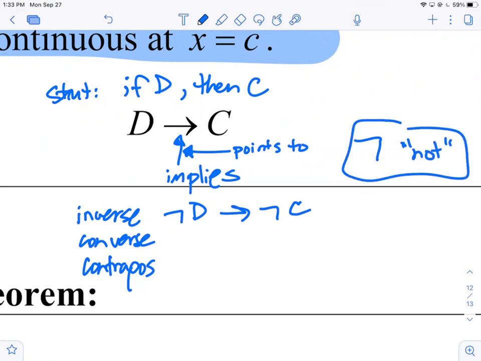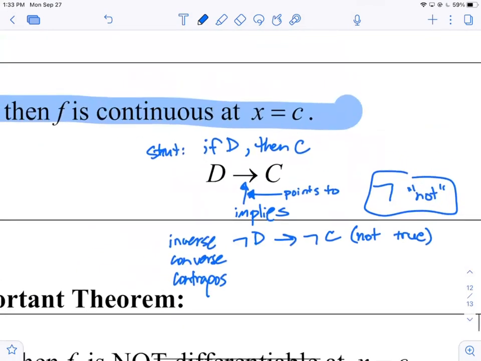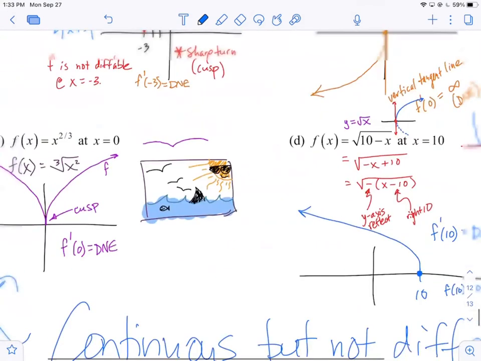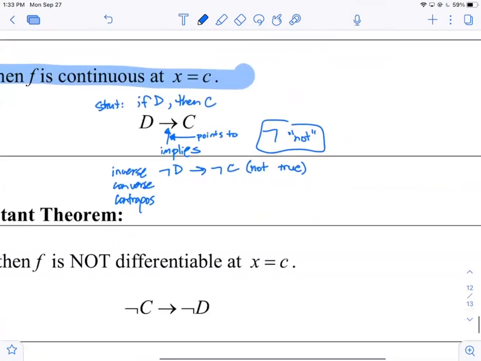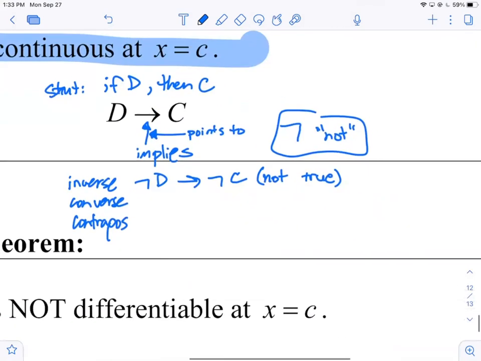If it's not differentiable, then it's not continuous? Not in an if-then statement, that's not necessarily true. Do we have an example why it's not true? All of these up here are examples, counterexamples, we would say. These are not differentiable, yet they are continuous. So in any given statement, the inverse is not necessarily true.